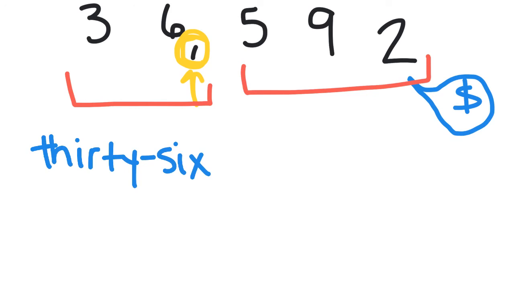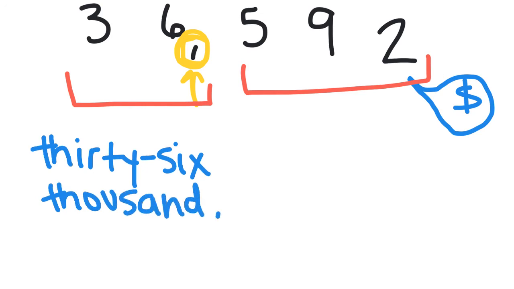Well, right before the comma, I was in the thousands place. So this is 36,000, comma, and now I need to say the number after the comma.